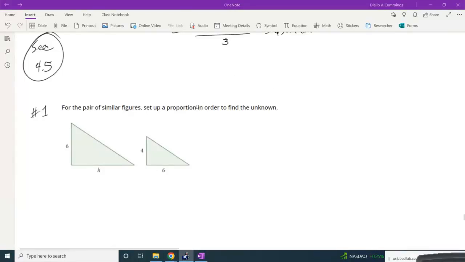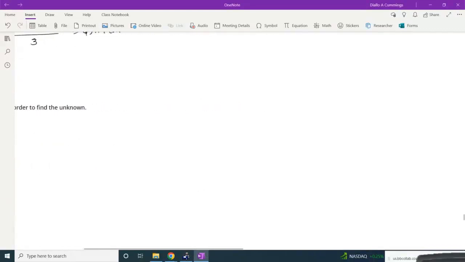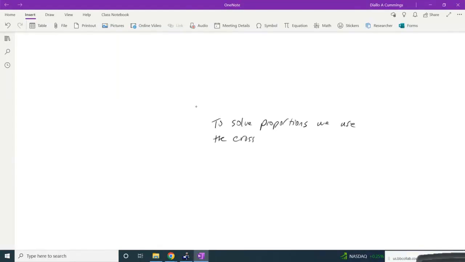And whenever you are solving a proportion, and I believe we've done this before in the class, we use the cross product property. We used this cross product property when we were dealing with percent equations.